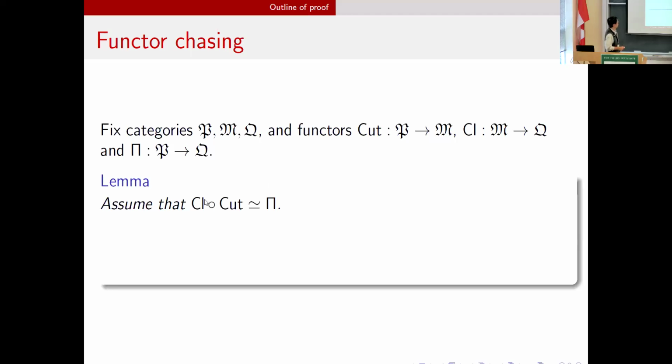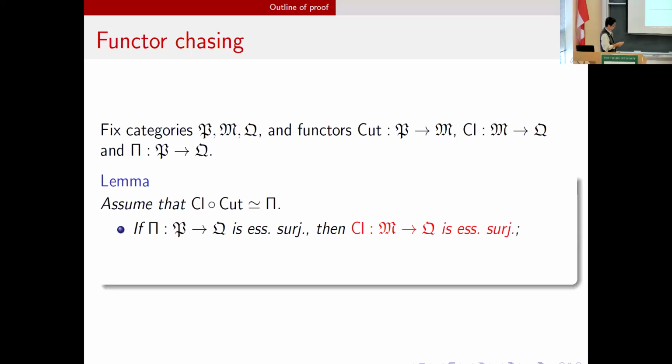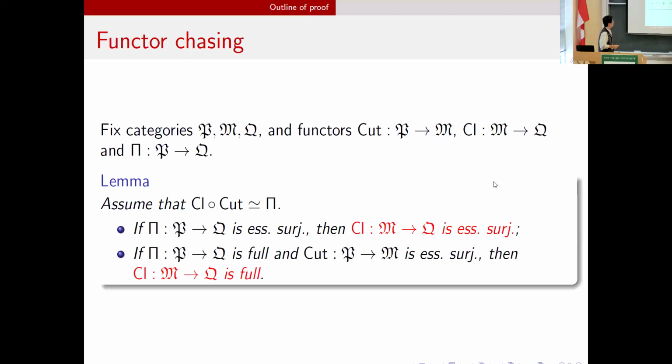Let's assume that the composition functor CL and cut is essentially isomorphic to pi. And moreover, we assume that this pi is essentially surjective. Then this CL, the first functor, is essentially surjective. And moreover, we assume that this pi is full, and this cut functor, the latter functor of this composition, is essentially surjective. Then we can say this CL is a full functor.